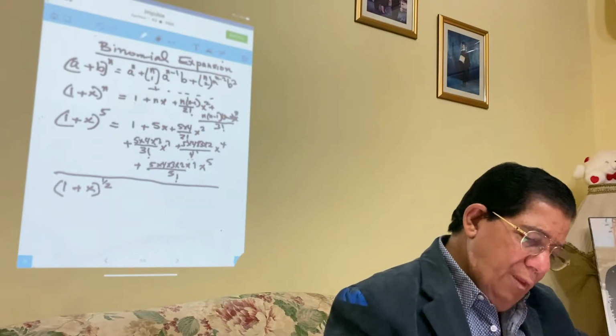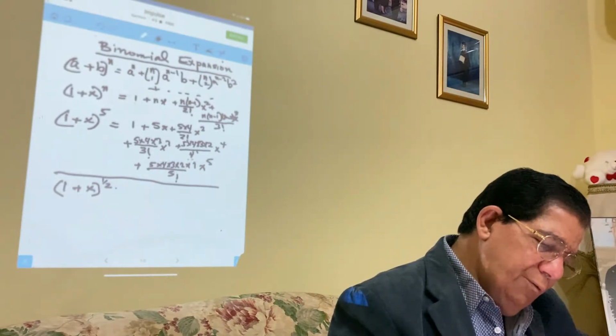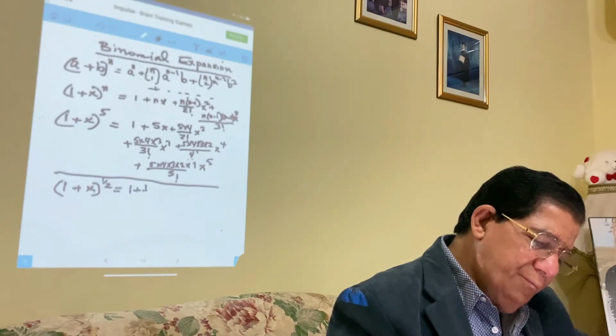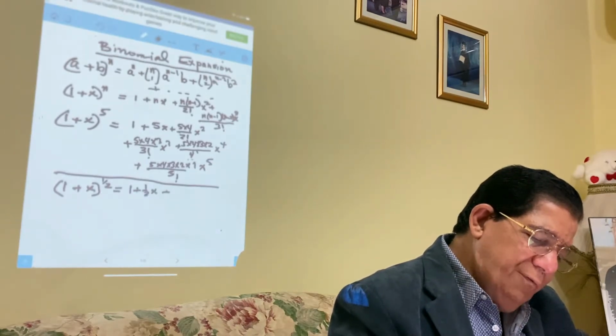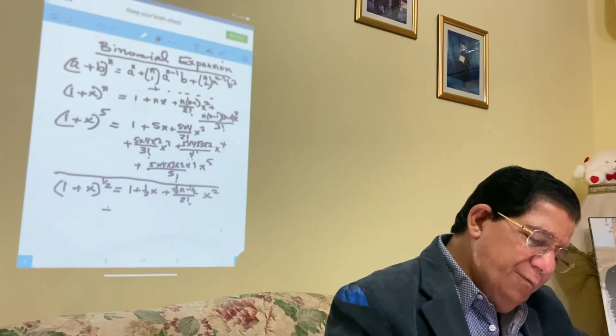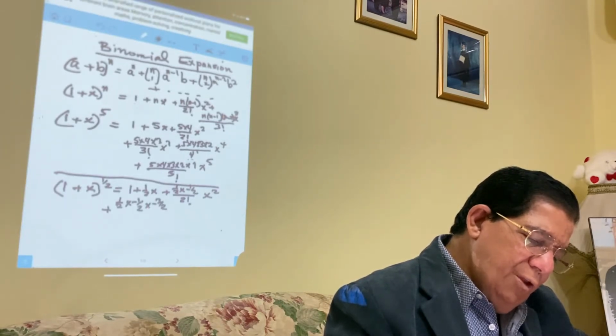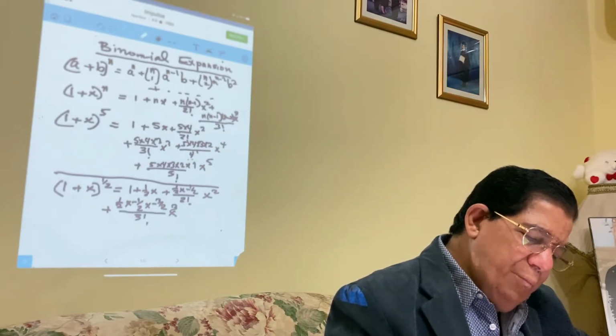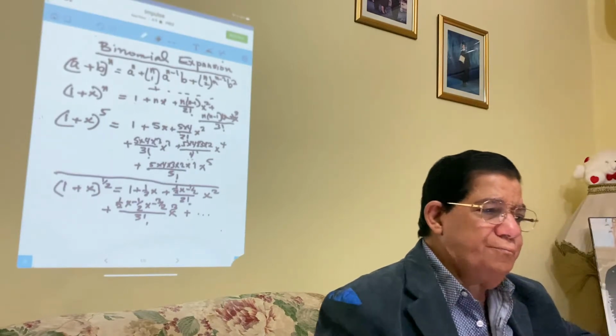Then we apply the rule: 1 plus half x plus half times negative half over 2 factorial x squared plus half times negative half times negative 3 over 2 over 3 factorial x cubed plus, and we continue.